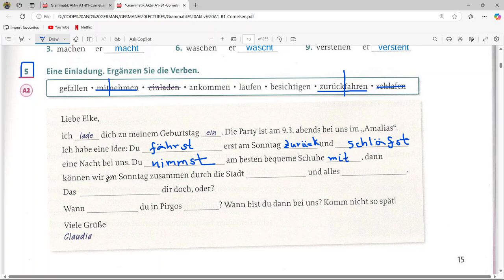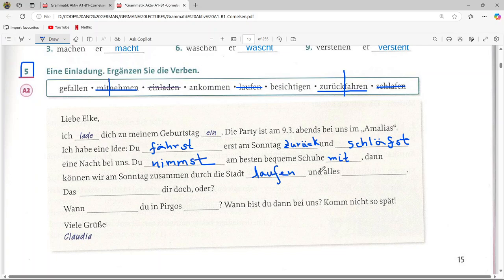Dann können wir am Sonntag zusammen durch die Stadt. So talking about shoes, then they will walk. So laufen. And wir is used here, so we will just use the infinitive form laufen. So then we can on Sunday together run through the city.